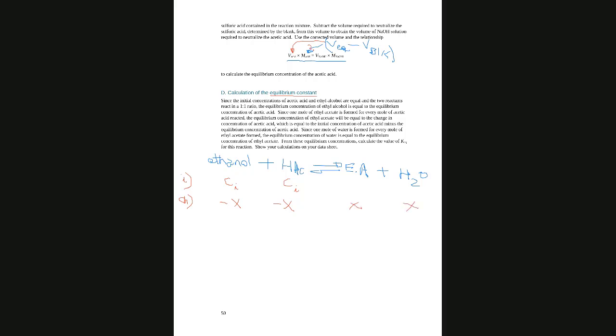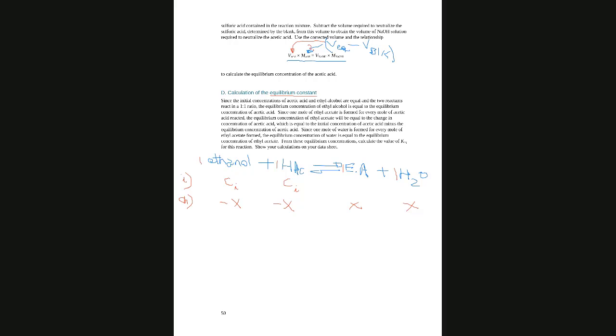But I'm telling you something. In this equation, we have a 1 and a 1 and a 1 and a 1. Don't forget, if I have, let's say, a 2 in front of the water, it's not going to be x, it's going to be 2x. But in this reaction, we have 1, 1, 1, 1. Then x.